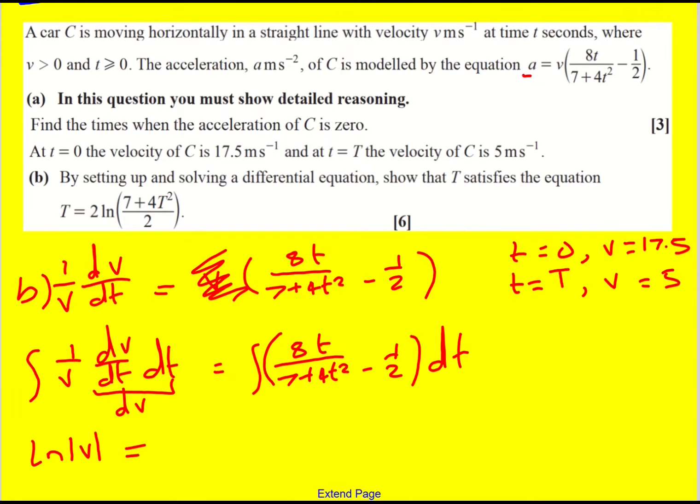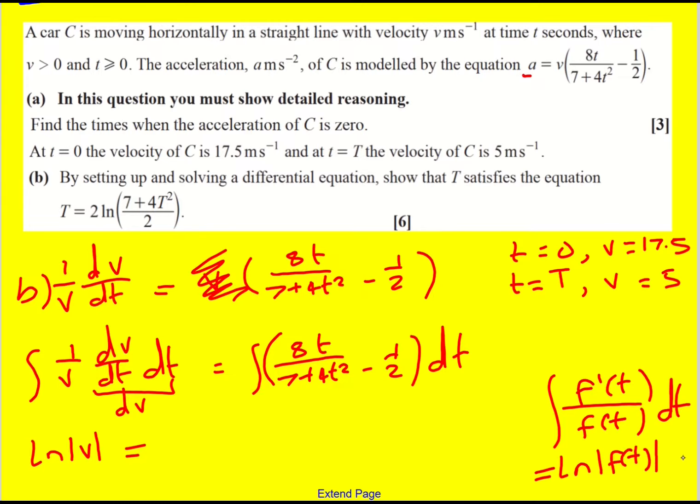It's a fraction. It's not going to be partial fractions or anything like that. It doesn't easily factorize. The first thing to look at in this situation is whether it is in the form f dash t over f of t. Because if it is, then you can simply write the answer straight down, ln of the modulus of f of t.